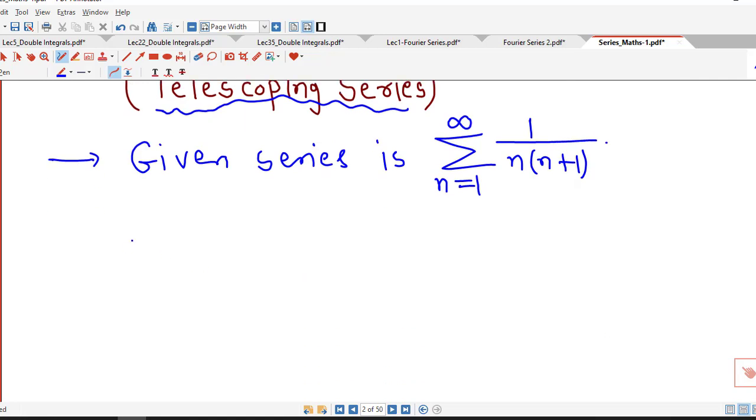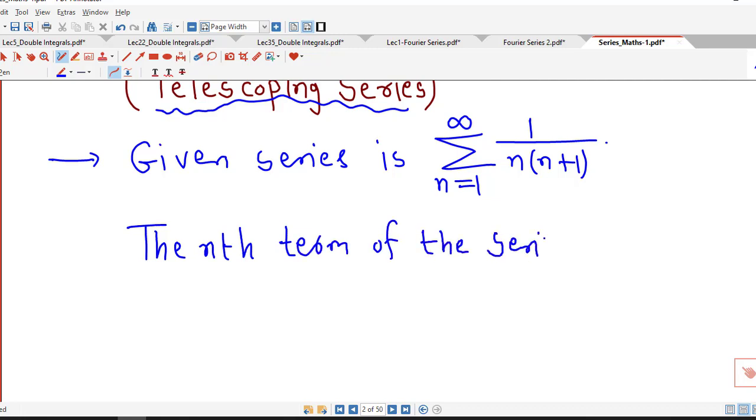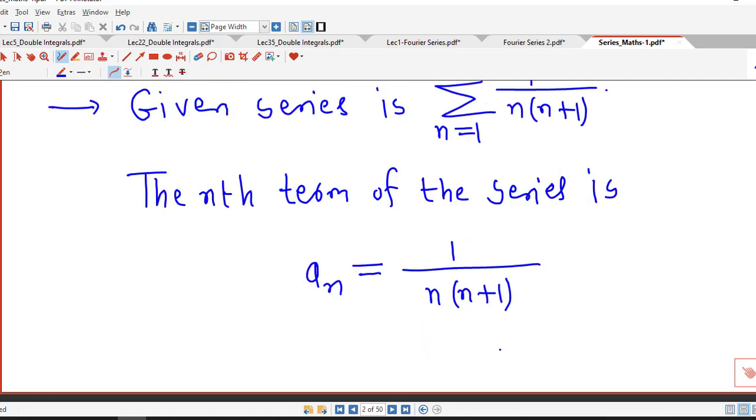So the nth term of this series is a_n equal to 1 over n(n+1).